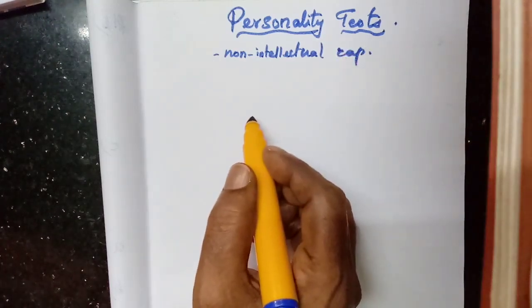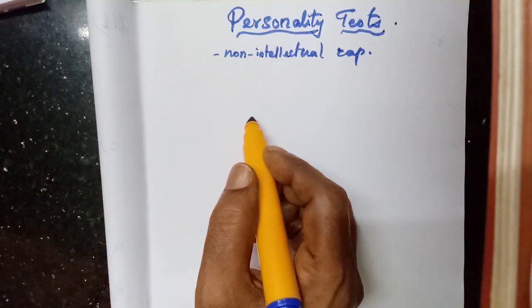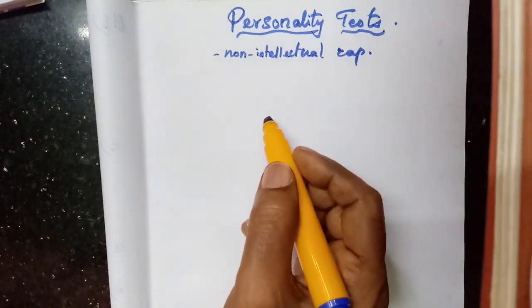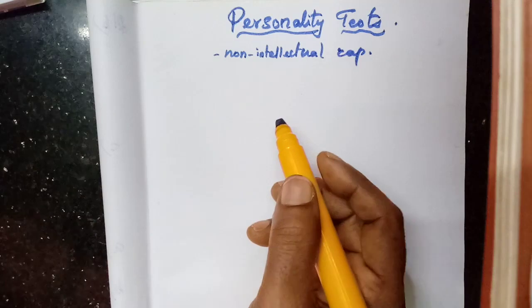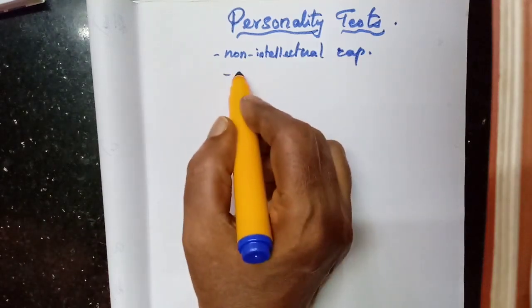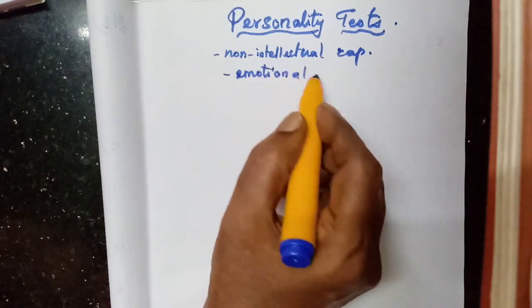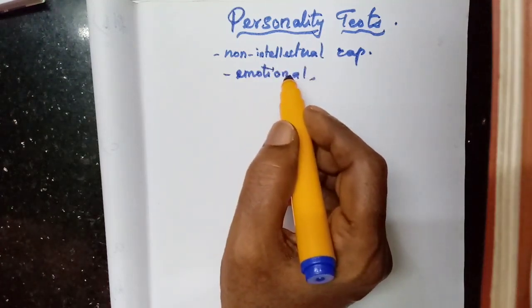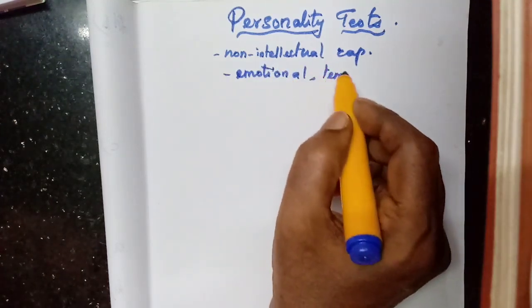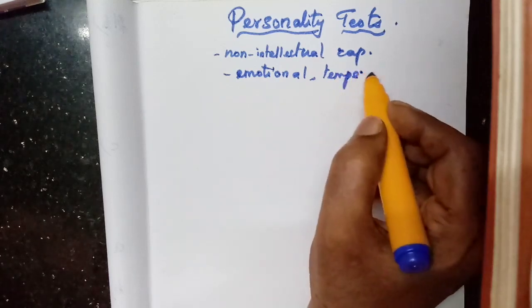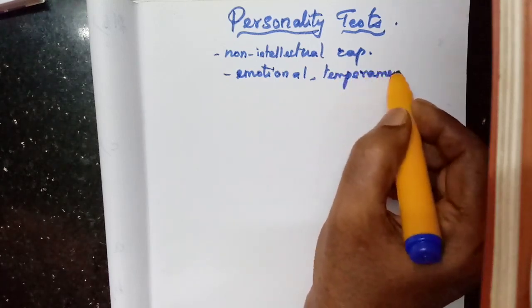For example, whether he is a cool person, or whether he is highly emotional. That emotional side will be checked, emotional traits. Or the temperament, whether he will get angry very soon. The temperament of the candidate.